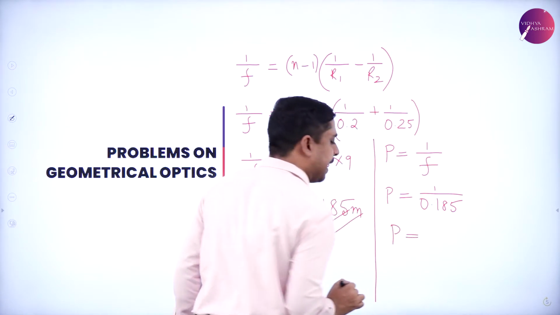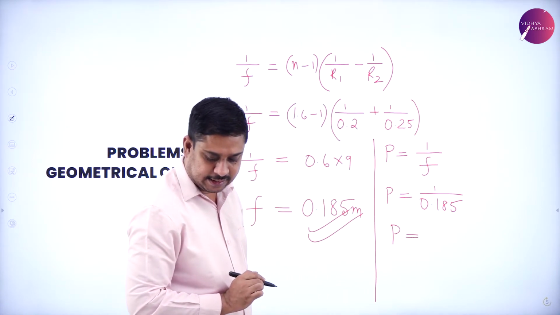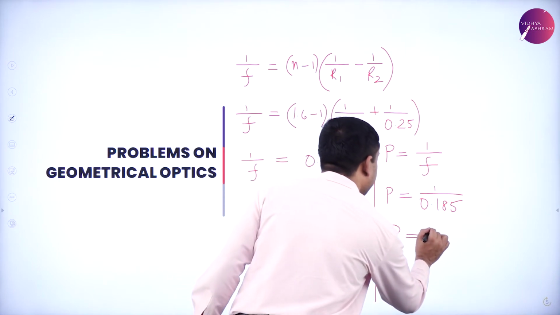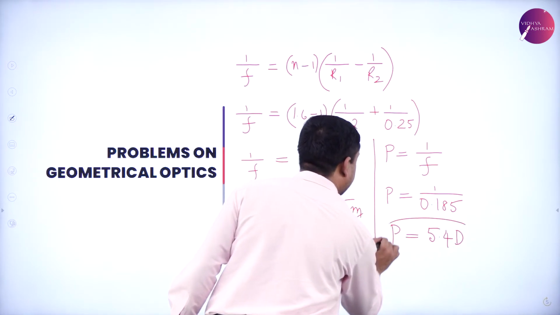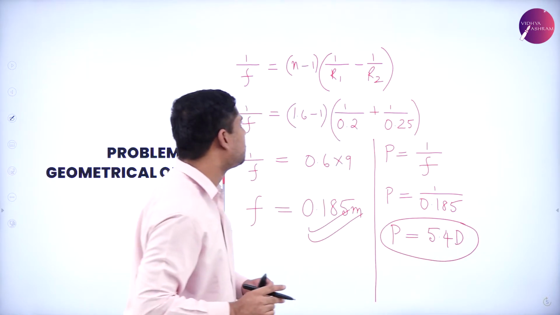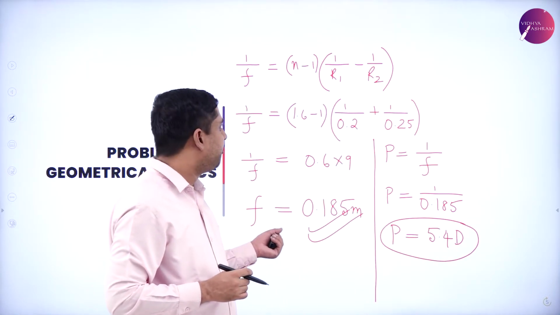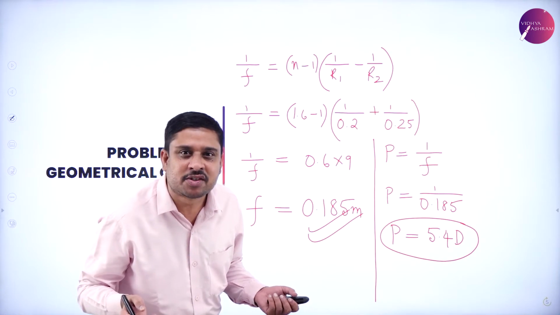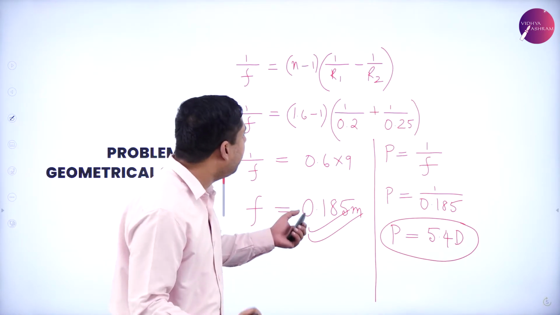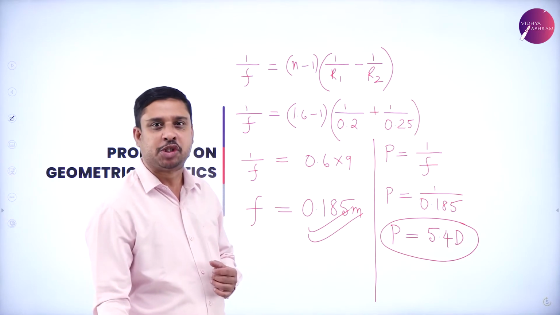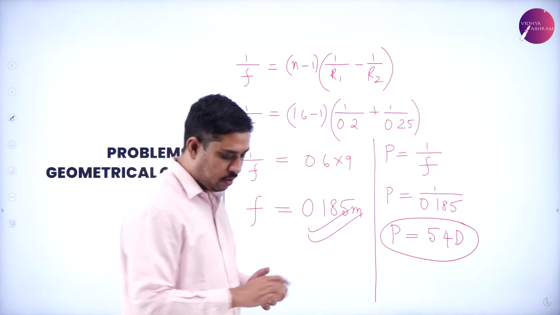So P, again, turns out to be 5.4, and the SI unit is diopter. Any difficulty taking this for 5 marks? Surely no. Know Lensmaker's formula? Very easy to substitute. Next one.